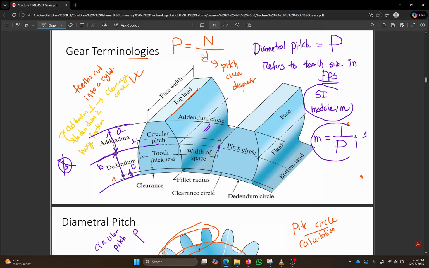And if you notice, if the diametral pitch value increases, then that means what? To make this relation true, the number of teeth must increase for the same diameter circle. So as diametral pitch increases, the number of teeth increases, and that's why tooth size decreases.